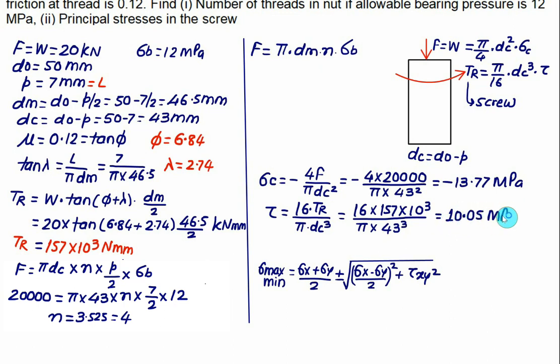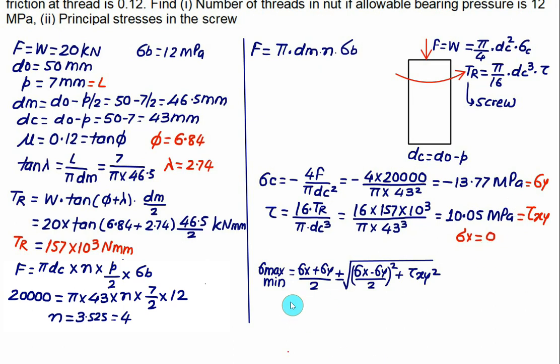megapascal. So sigma c acting along the y direction is sigma y. We have tau xy equal to tau, and the value of sigma x will be 0. We put these values and calculate sigma max and sigma minimum.